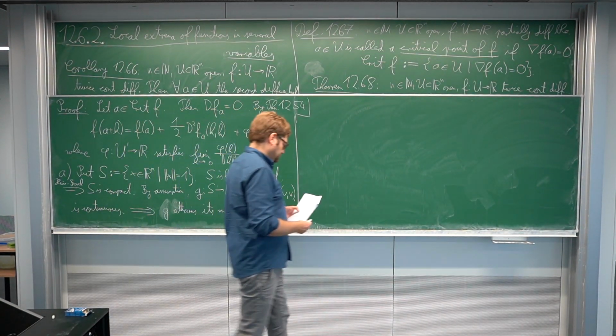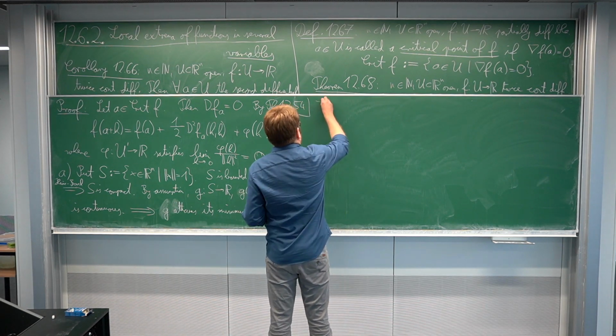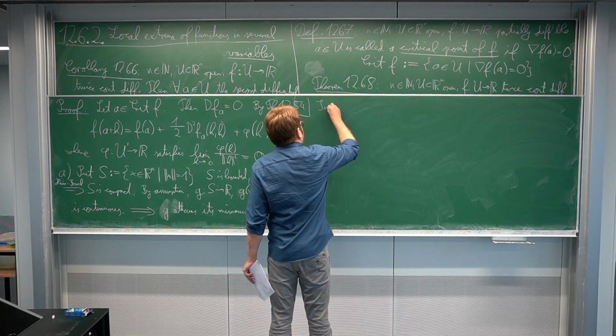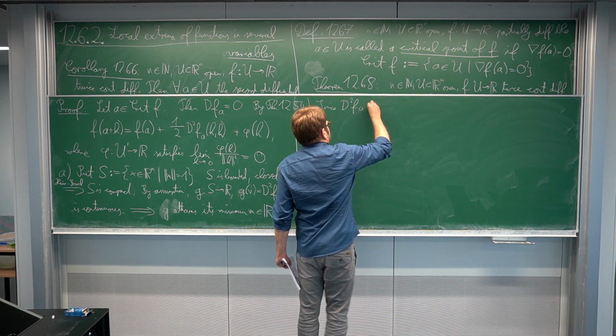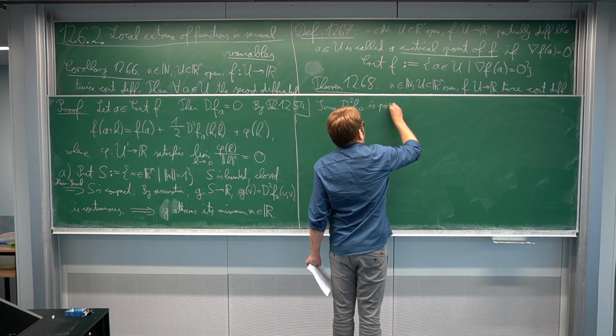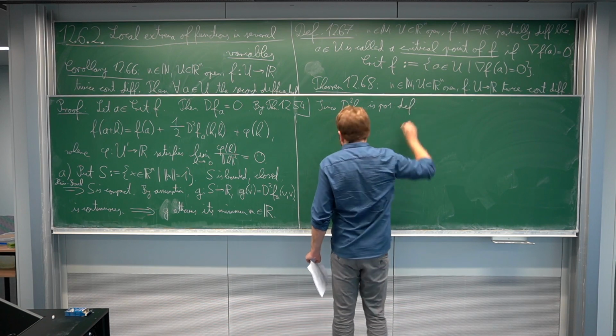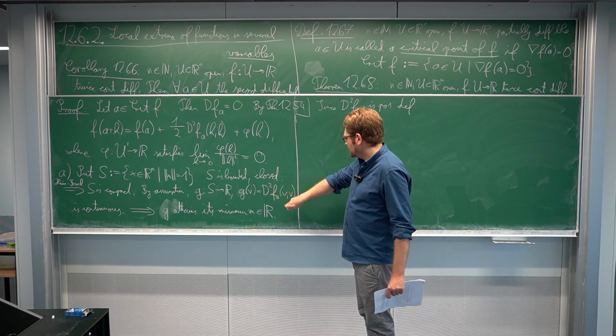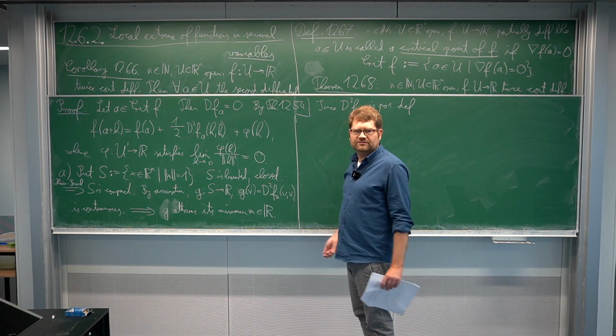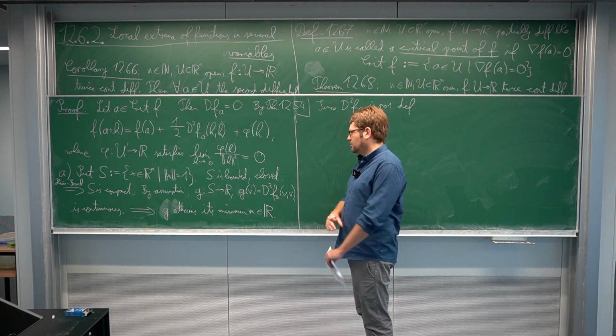Now, first of all, since d2f at a is positive definite by assumption, this is a part where we really insert, so this is just some bilinear form, but we insert twice the same vector, and if it's positive definite, this is positive for all non-vanishing vectors.